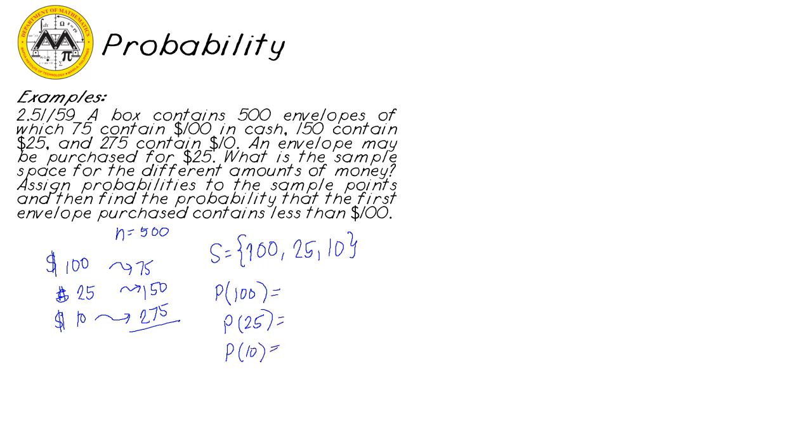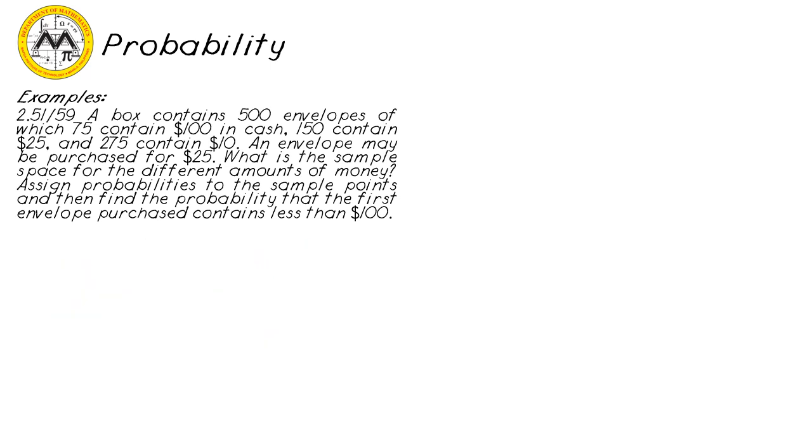Their corresponding probability would be the frequency over the space. So that would be 75 over 500. So the probability for 100 is equal to 75 out of 500.